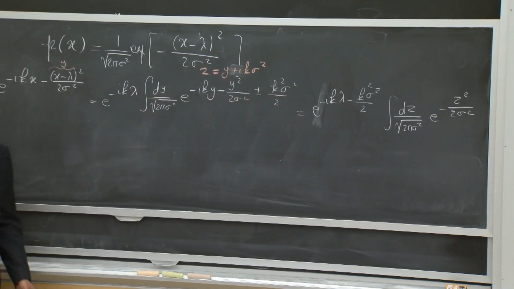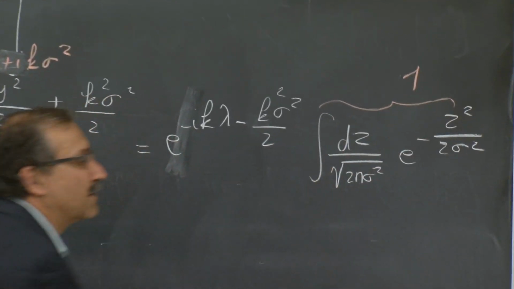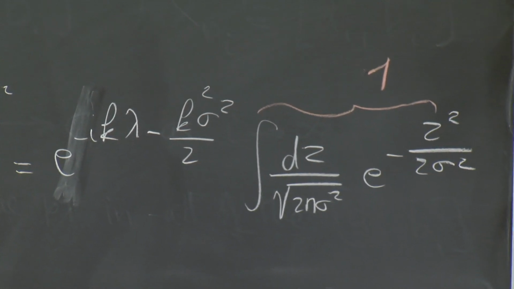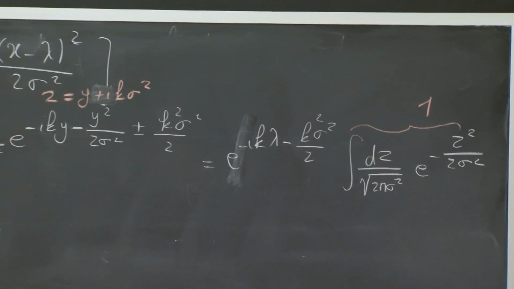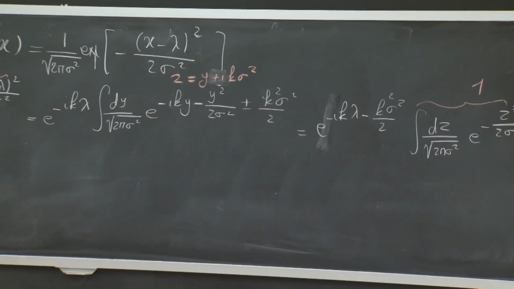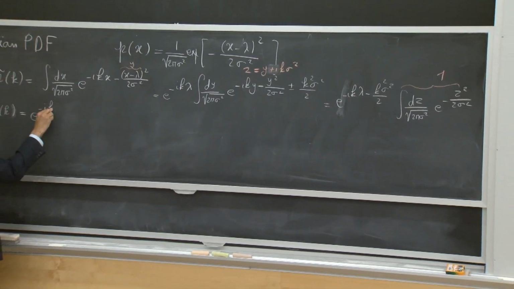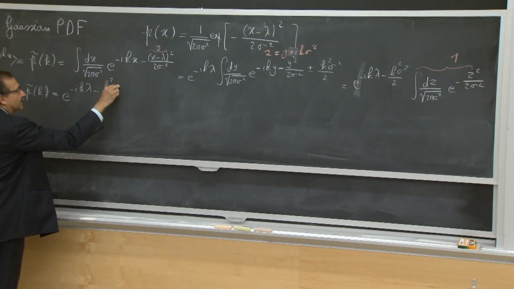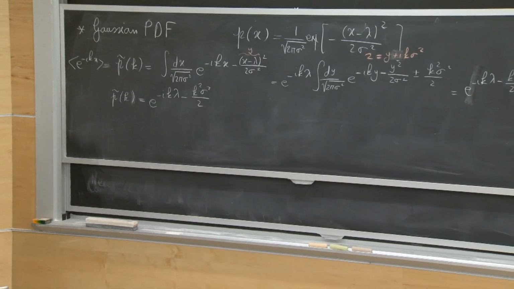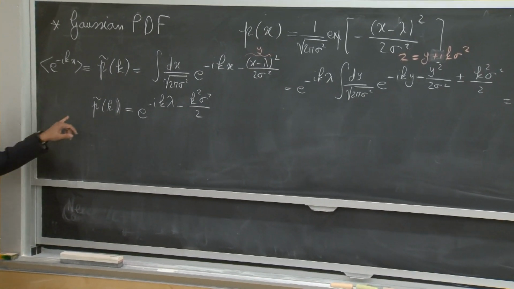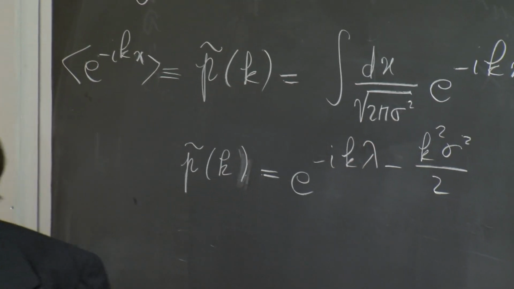And this is just a normalized Gaussian integral that comes to 1. So as you well know, the Fourier transform of a Gaussian is itself a Gaussian, and that's what we've established: e to the minus i k lambda minus k squared sigma squared over 2. And if I haven't made a mistake, when I set k equal to 0, the answer should be 1, because k equal to 0, expectation value of 1, just amounts to normalization.